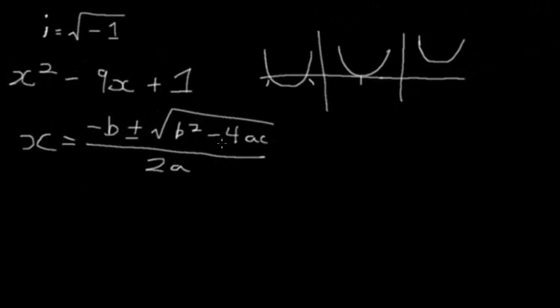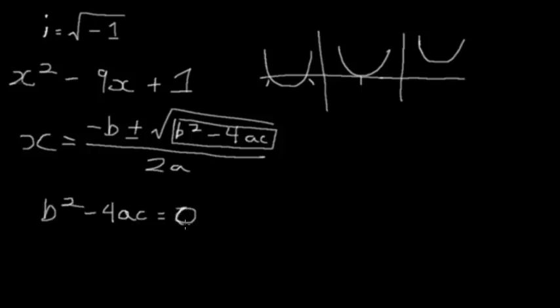Now, the discriminant is basically b squared minus 4ac. Using the discriminant, we can find out whether it is touching the x-axis twice, once, or not at all. If it equals 0, that means it touches it once.